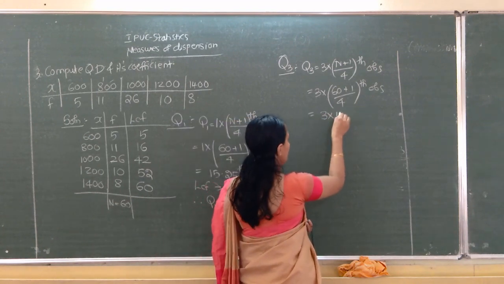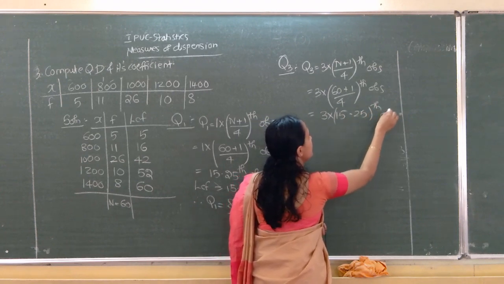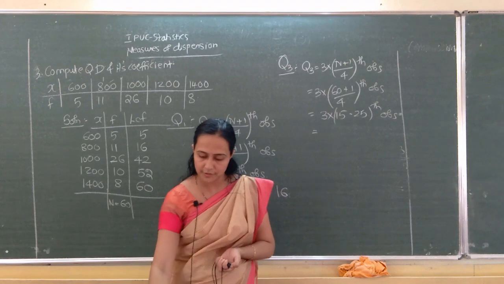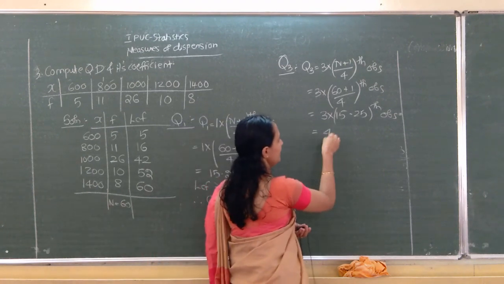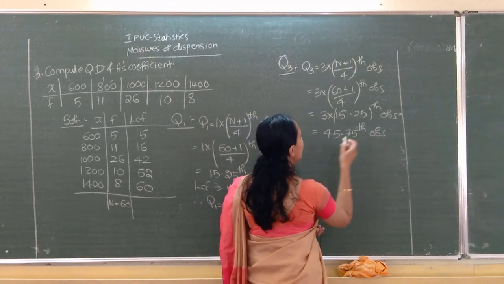So, 3 into 15.25th observation, that is 45.75th observation.